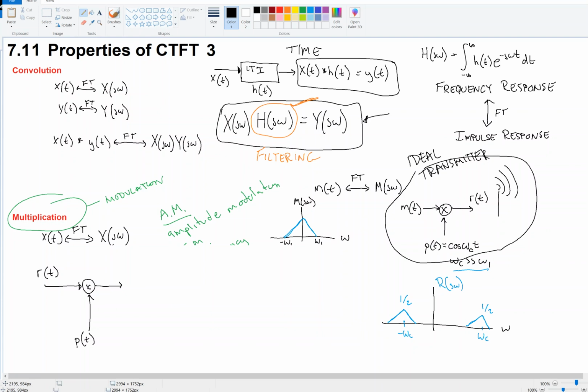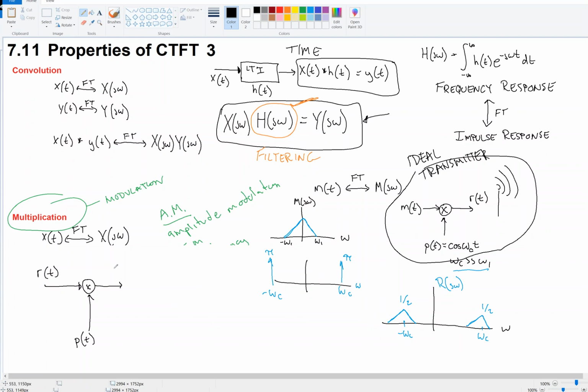So again, p of t, I erased it. P of t has the spectrum like this, omega c, minus omega c, with a pi at each. And so when I do the convolution here, I'm going to have 4 triangles because this thing convolved with both of these, and then this thing convolved with both of these.